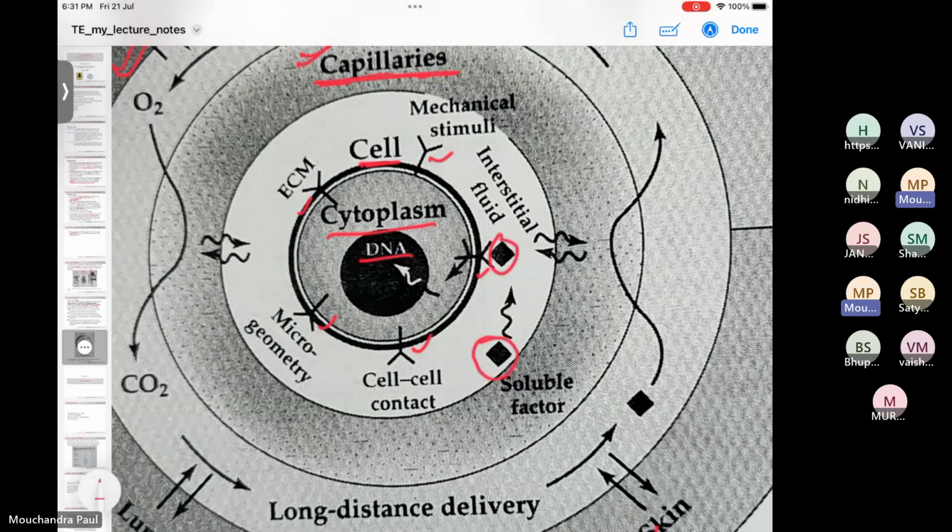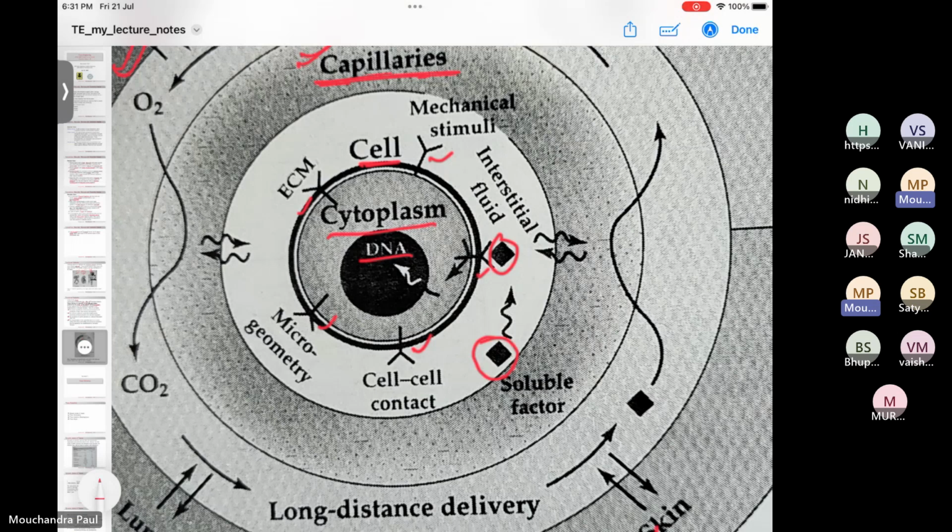So these are again the chemokines or cytokines, soluble factors. Now these soluble factors might be coming from an organ present, say, a few centimeters away. That's a very large distance in the body, by the way. And they are coming in through the blood, reaching the cellular level through the microcapillaries. And these factors are again very small, like a few nanometers in length scale.